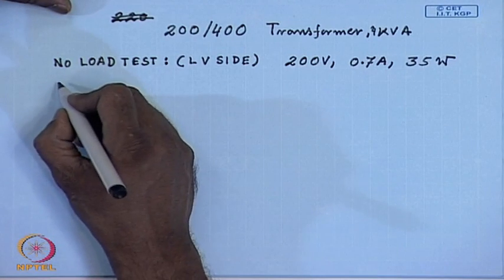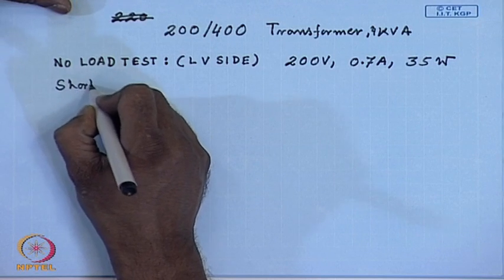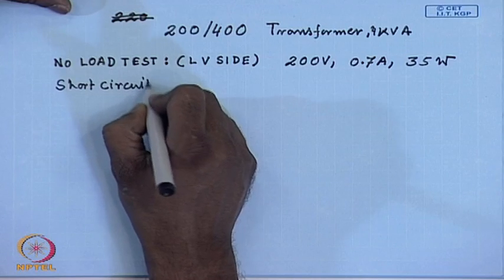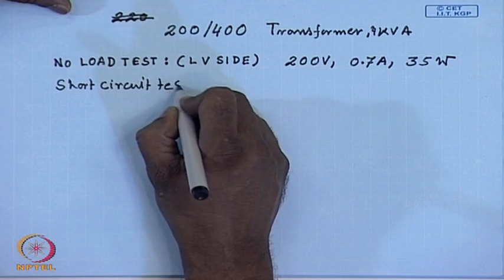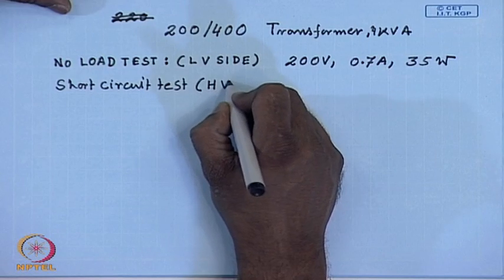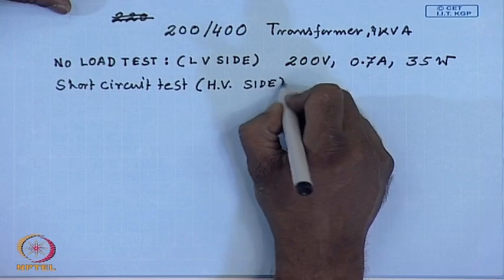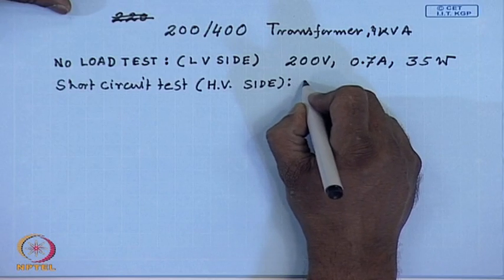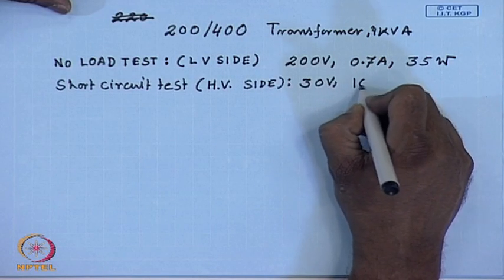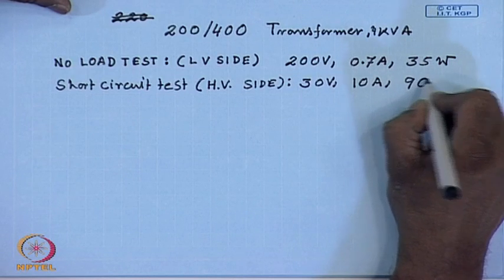The short circuit test data, this is done on the HV side. The applied voltage is 30 volts, the circulating current is 10 ampere and the wattmeter reading is 90 watts.